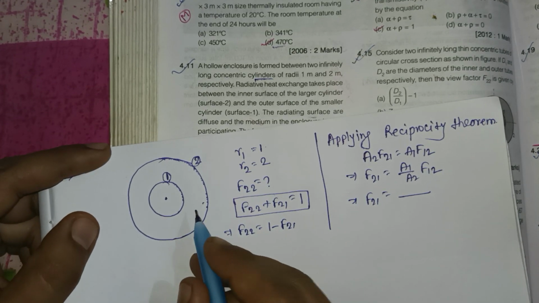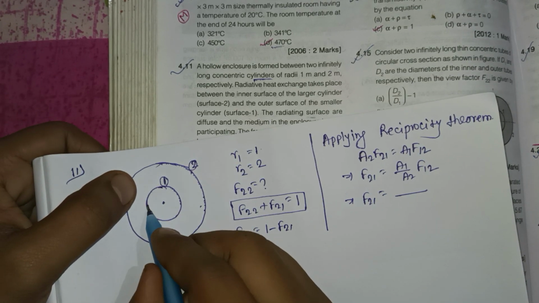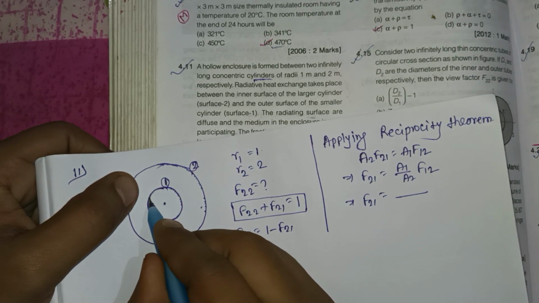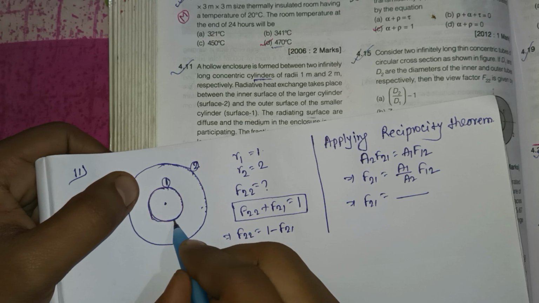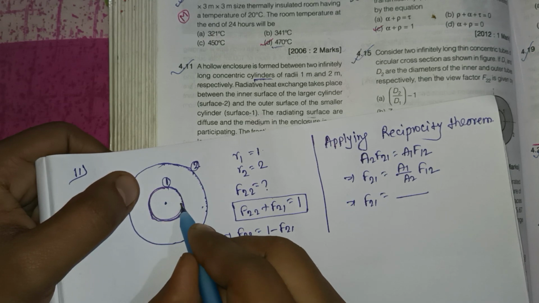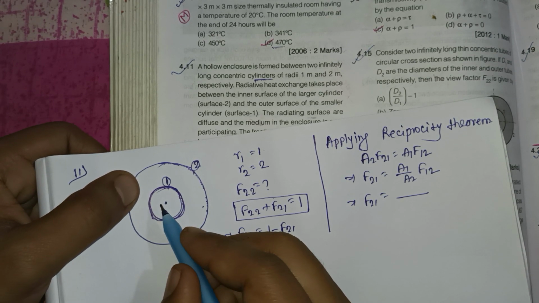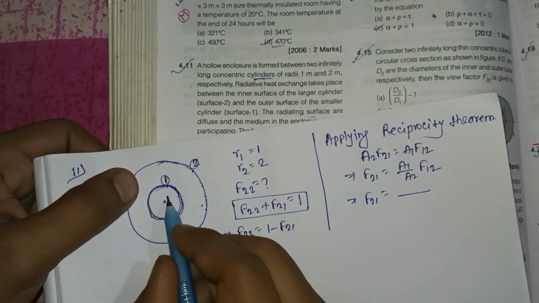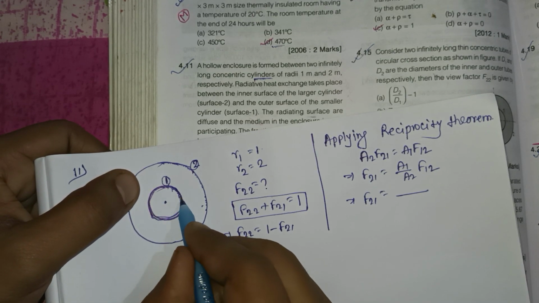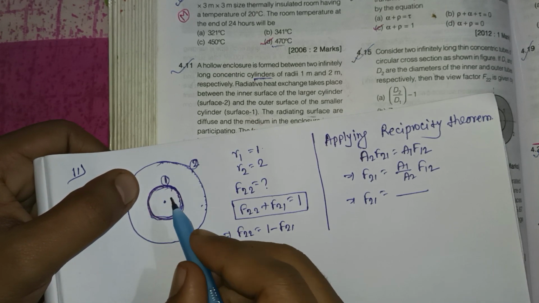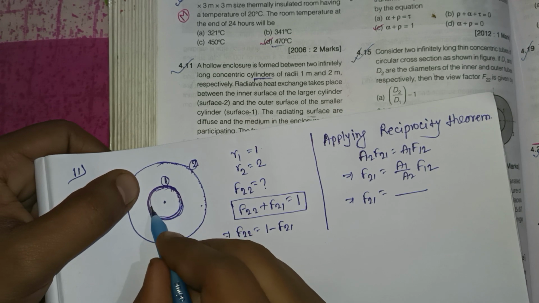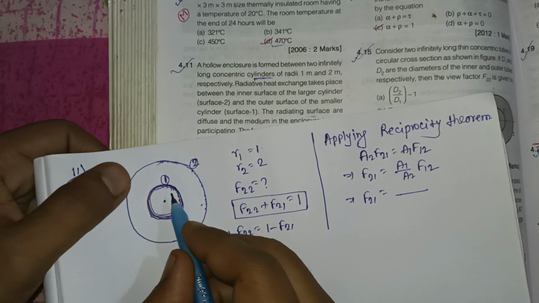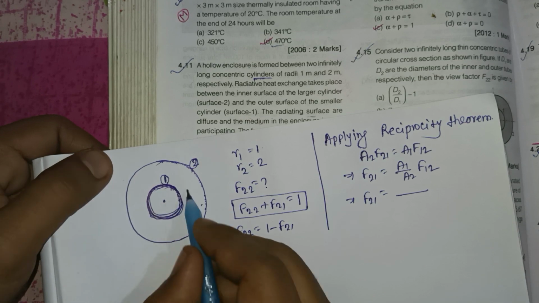What is the value of A1? That is the surface area of this cylinder, 2 pi r into L, or pi d into L, where L means the length of the cylinder.